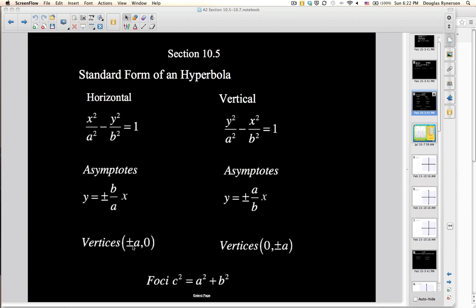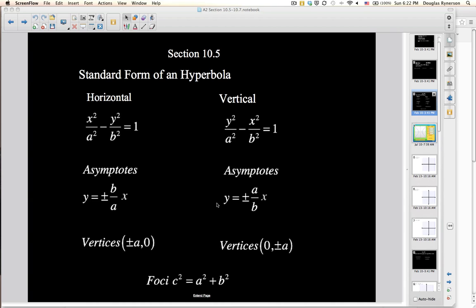Okay, so when it's horizontally oriented, we will move left and right. When it's vertically oriented, we will move up and down. And we can find the foci by using the Pythagorean theorem, c squared is equal to a squared plus b squared. So that's a breakdown here of standard form of a hyperbola.